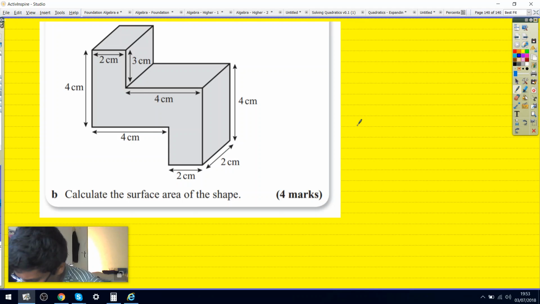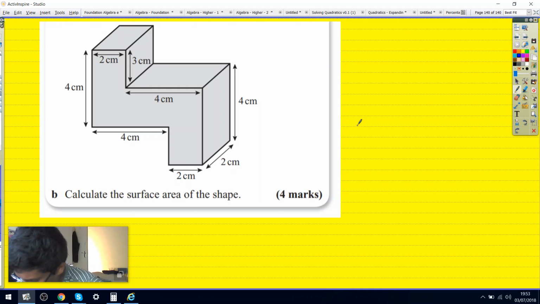Then draw a line horizontally from next to the 4, to the right.